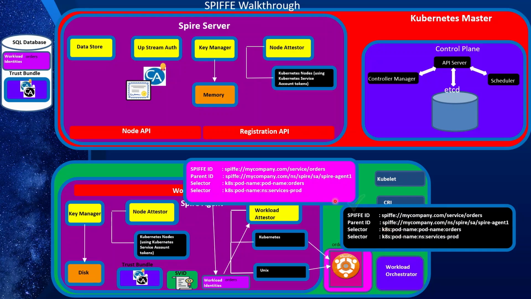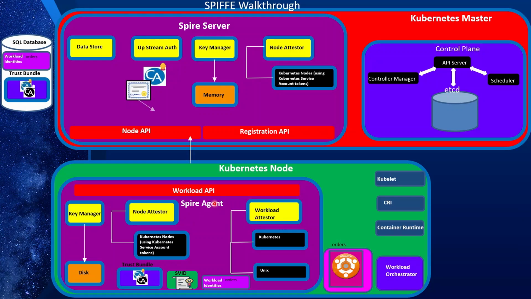So it compares the information that it received from the SPIRE server and the one that it received from the control plane to see if they match. If they do, then it will request a SPIFFE ID, or identity, for the pod. So it gets the SPIFFE ID or the identity along with the trust bundle and sends them to the pod.